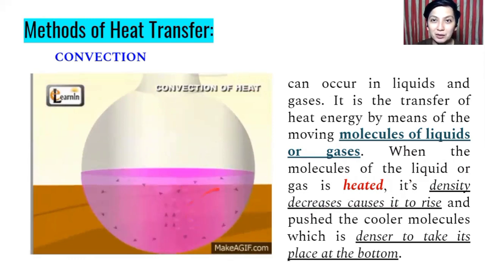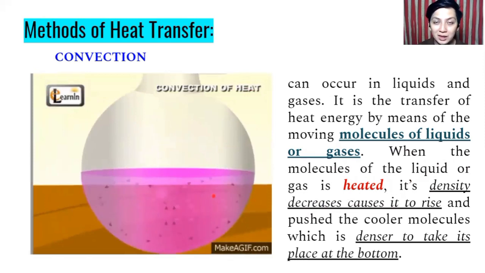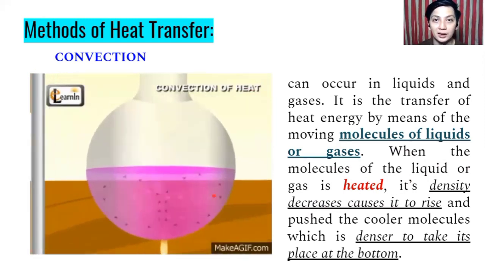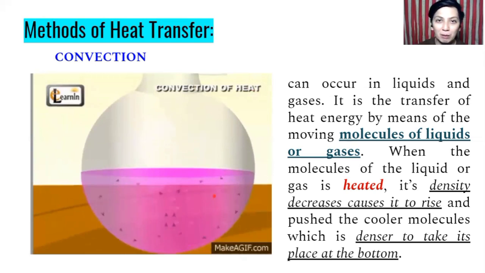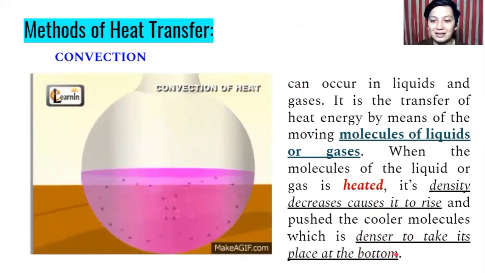Kaya kung mapapansin ka, di ba, kapag nagpapakulo kayo ng tubig, mainit yung lumalabas na hangin kagad because the water molecules that are heated up will go upward. Okay? Kaya siya nagkakaroon ng bubble effect because of that, and push the cooler molecules, which are denser, to take their place at the bottom.